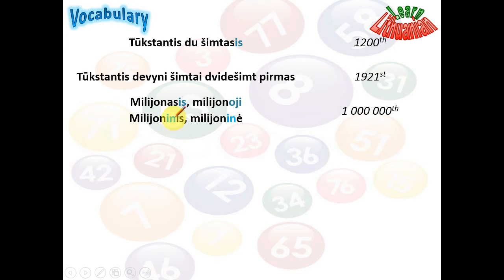You can make an adjective by using this suffix in, or you can make a pronominal adjective. It doesn't matter which one you use. Milijonasis, milijonoji, milijoninis, milijoninė. So today we counted up to 1 million.